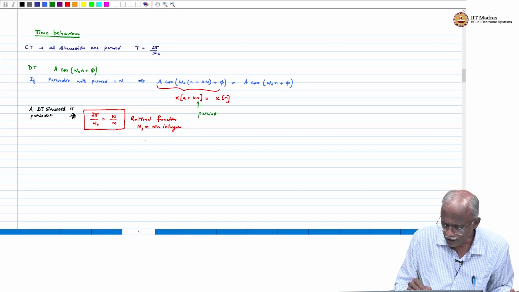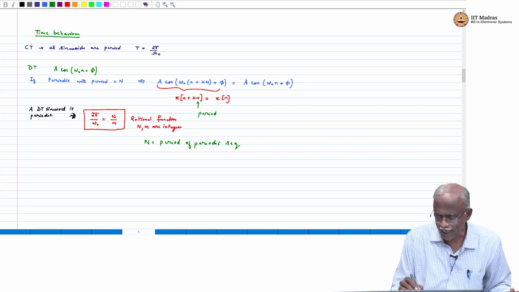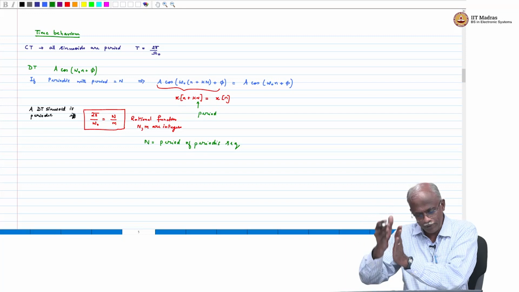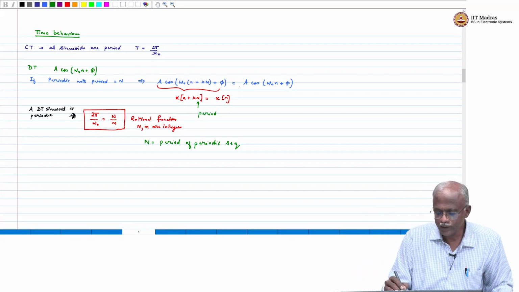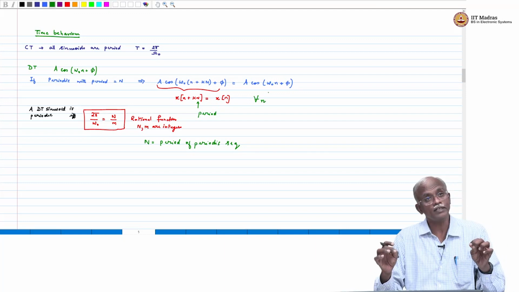So in this calculation, N will come out to be equal to the period of the periodic sequence. If you substitute x of n plus any multiple of the period, you should get back the original signal. So this is the property, and that is true for all values of n, and that's the definition of period.